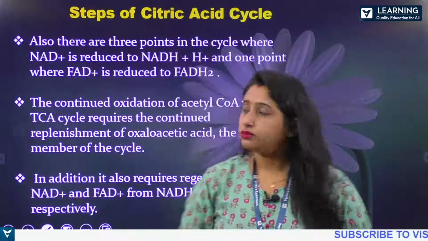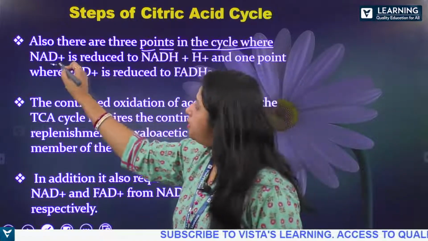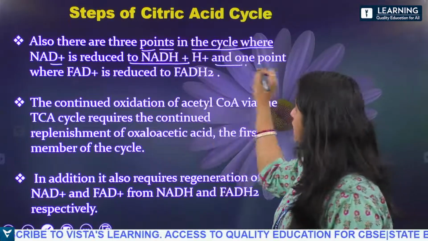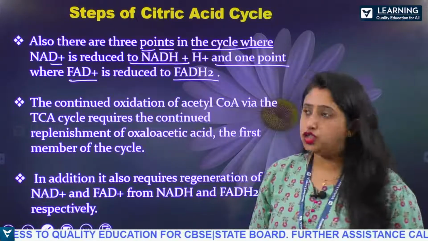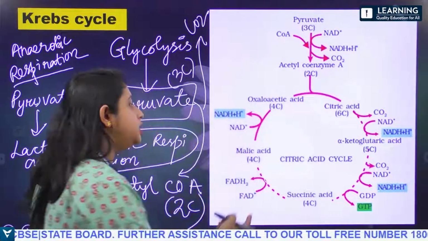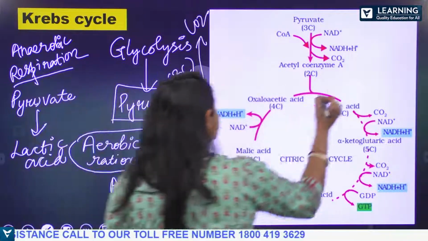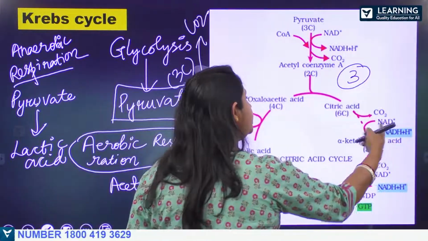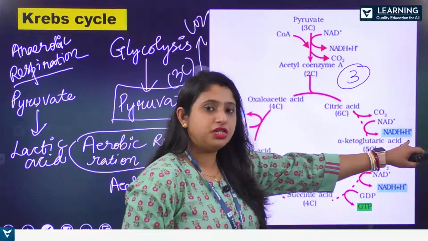Okay. Next, there are three points in the cycle where NAD plus is reduced to NADH and H plus, and one point where FAD is reduced to FADH2. So see here in this cycle, three steps are there, right? In three cases you will see that NAD plus is being reduced to NADH and H plus.